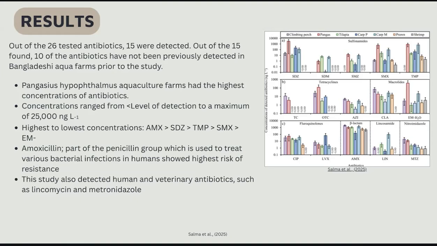This study also detected human and veterinary antibiotics such as lincomycin and metronidazole. And this is significant because it shows how urban runoff and domestic runoff in general ends up in wastewater, not only in these culture ponds, but probably eventually downstream over to larger bodies of water, such as rivers and lakes, etc.